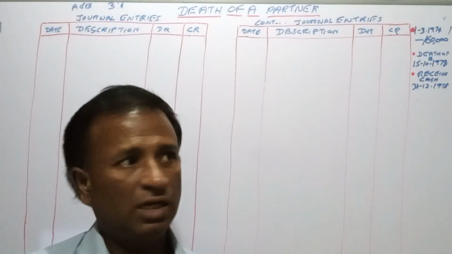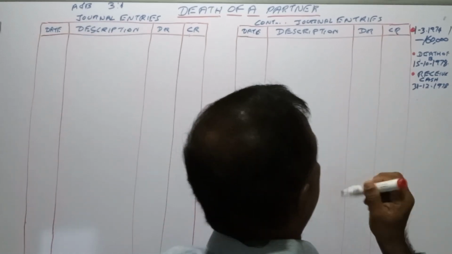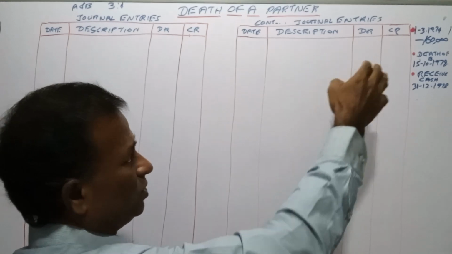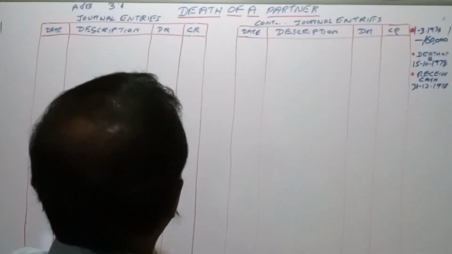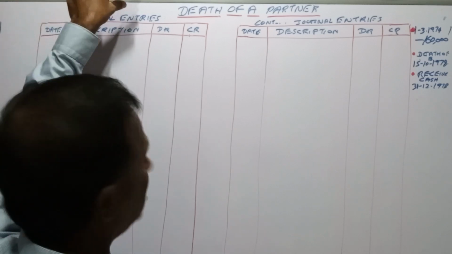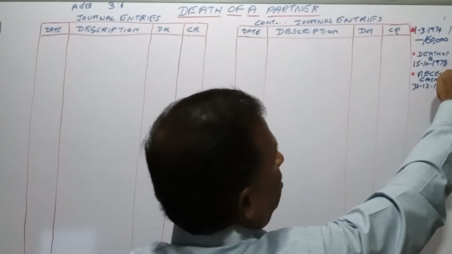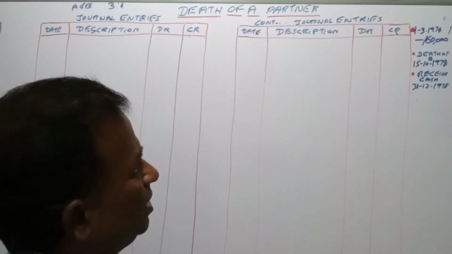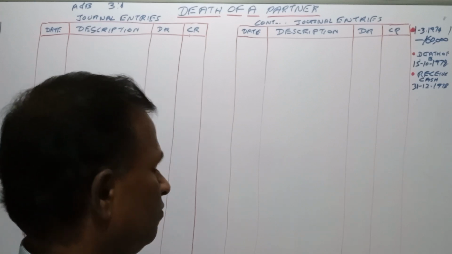Three types of things are taking place. On 1st March 1974, they take the life insurance policy for 160,000 for the partners. A and B are the partners, sharing profits and losses 3:1. The death of partner B takes place on 15th October 1978.